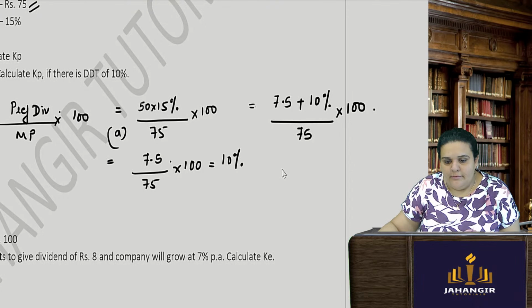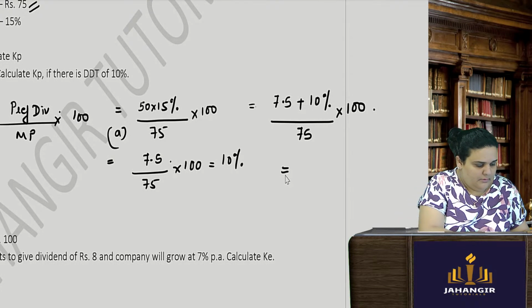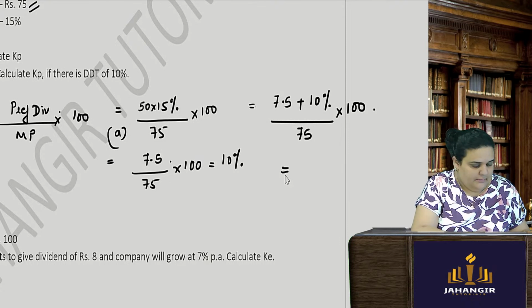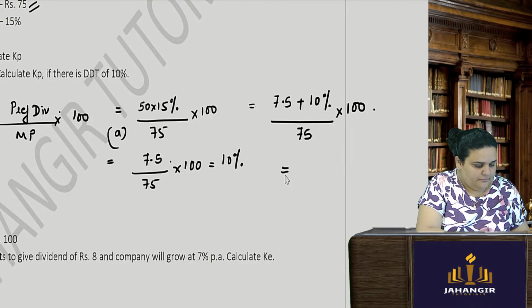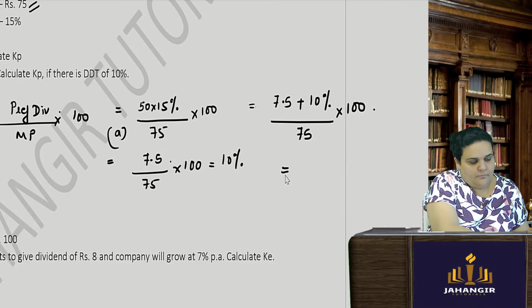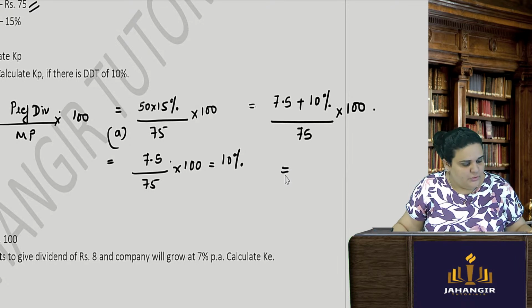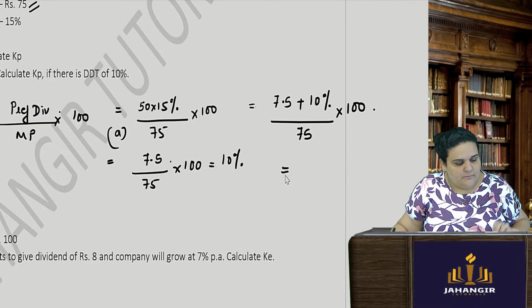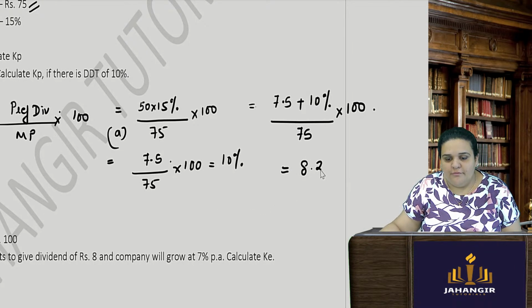Now when you calculate 7.5 plus 10%, first you need to do 7.5 plus 10%, which is 8.25.